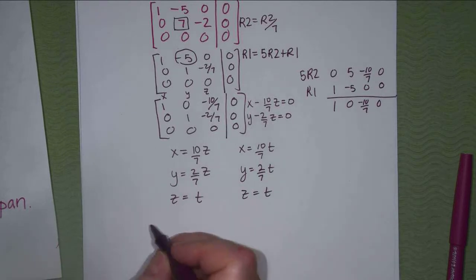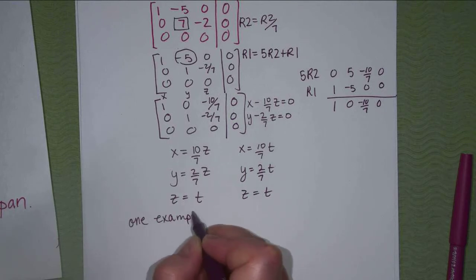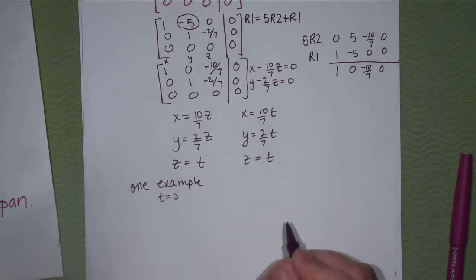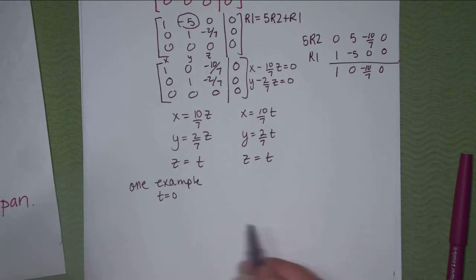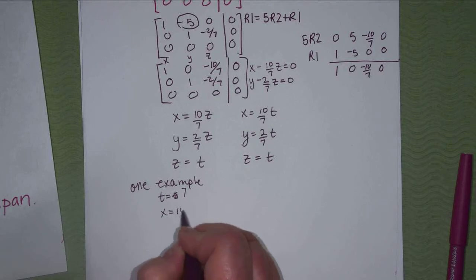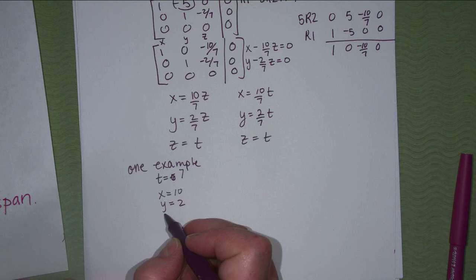So, one example. Is that just whatever the free variable is? Yeah, we're just solving the system. That's a normal solving the system. Oh, 7. So x would be 10, y would be 2 times 7 over 7, and z would be 7.